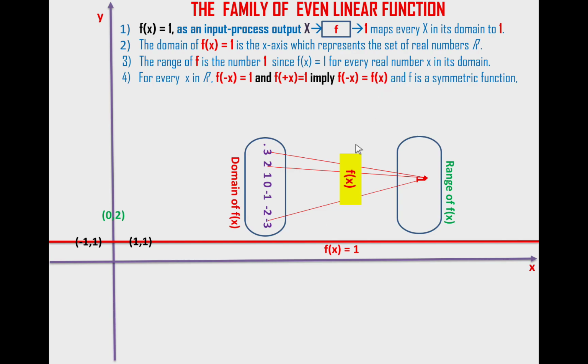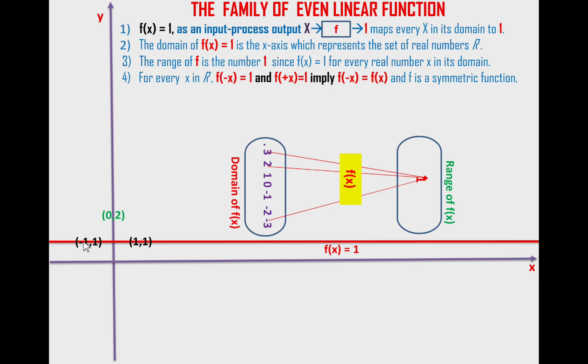We also talked about f of x equal to 1. We can check if f of x equal to 1 satisfies this condition. Let's take x equal to 1. If we put 1 here, we're talking about f of minus 1. Then we go to minus 1 on the f of x equal to 1 graph.